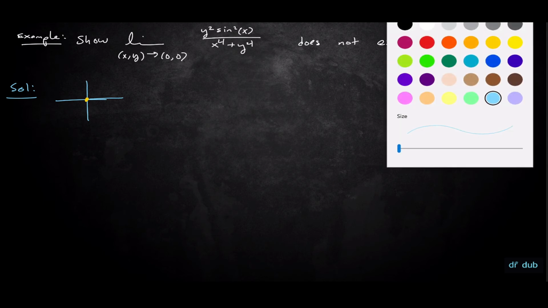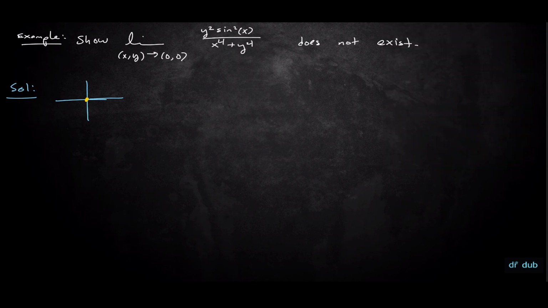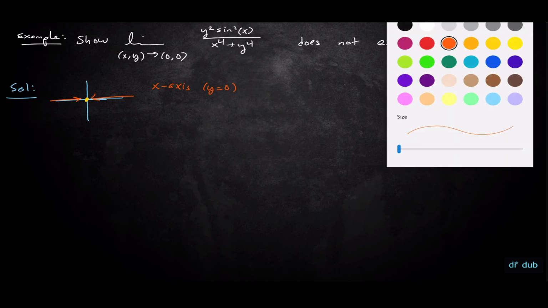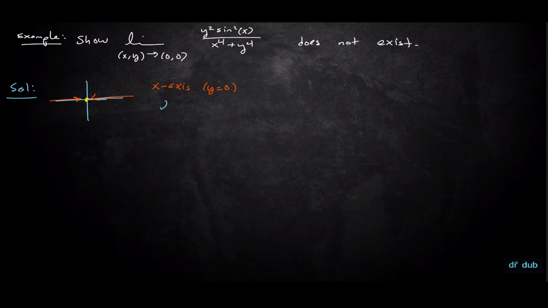I'm going to approach that from the x-axis. So along the x-axis, that's when y is equal to 0. So if I approach this along the x-axis, I'll take the limit as (x, 0) goes to (0, 0).